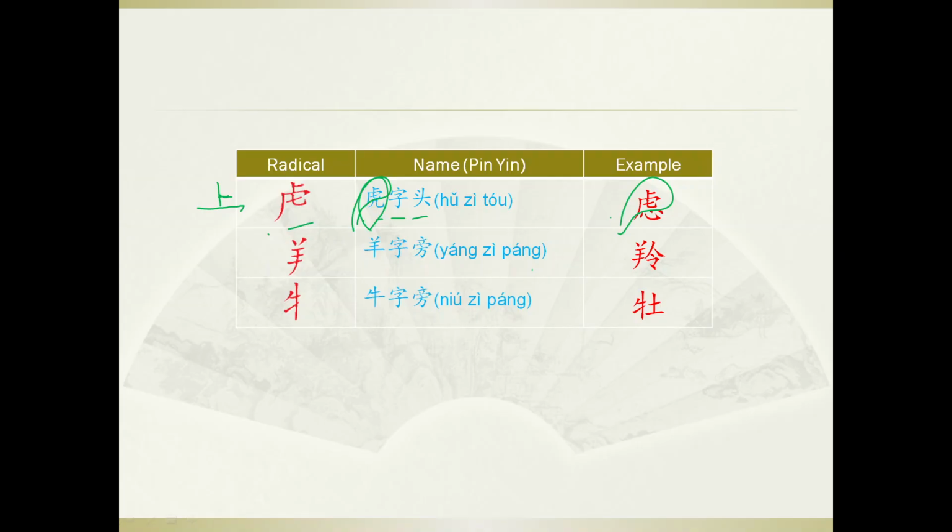Starting from the left end, vertical diagonal. Inside horizontal, vertical through the middle, horizontal tick.